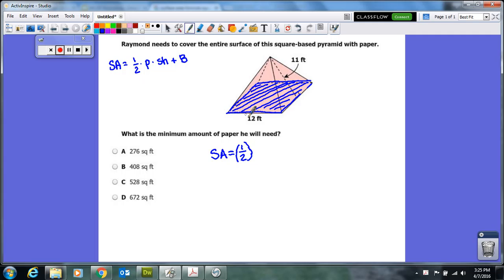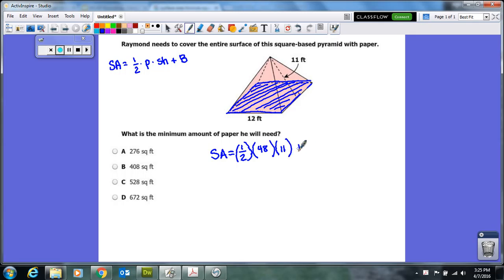Since this side measures 12, so must this side, and so must this side, and so must this side. So if all of these are 12, I simply add them up, which gives me a total base perimeter of 48. The next thing I'm looking for, again, is the slant height, and that's easy to find out. That's given to us directly here as a measurement of 11 feet, so I'm going to add that to our formula.